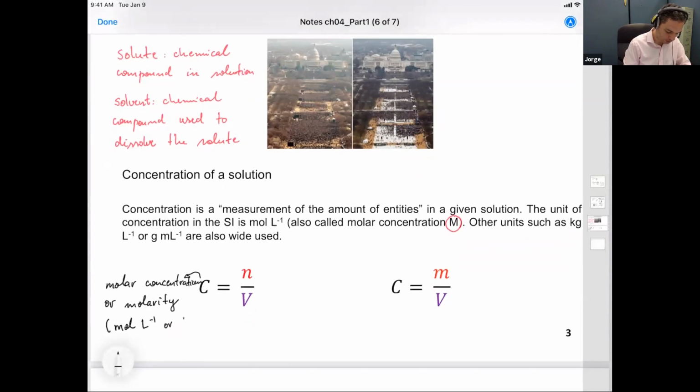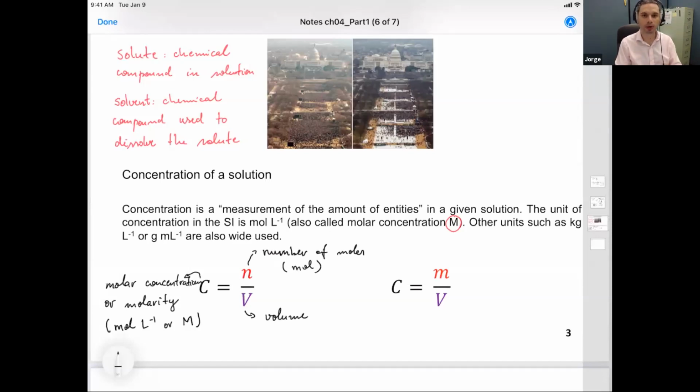Or you can represent mole per liter as an uppercase M. n in the equation is number of moles. The unit for number of moles is always mole. And V stands for volume. Every time that we are talking about molar concentration or molarity, the volume has to be in liters, okay? This is a requirement.